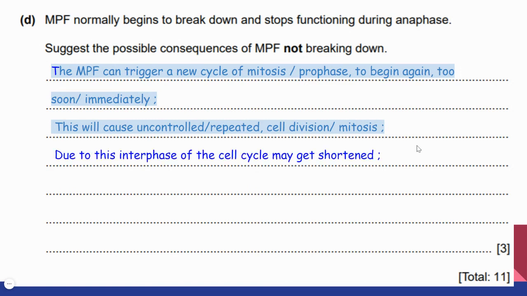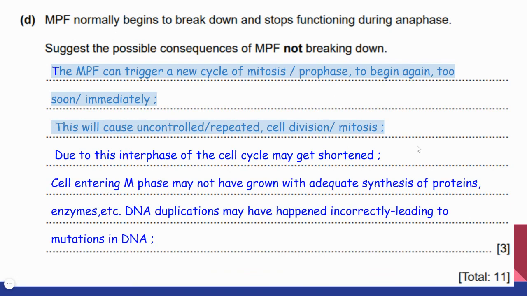Now, due to this, you can also extend your answer saying that interphase of the cell cycle will become shorter. So the cell will get less time to prepare itself for division or less time to grow. You can also add a point saying a cell entering M phase may not have grown with adequate synthesis of proteins and enzymes. So all the growth related tasks that happen in interphase, that much time was not there for the cell.